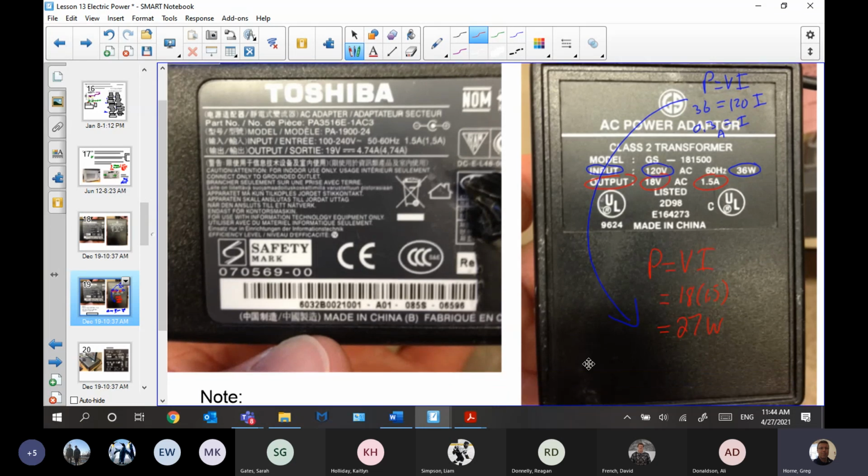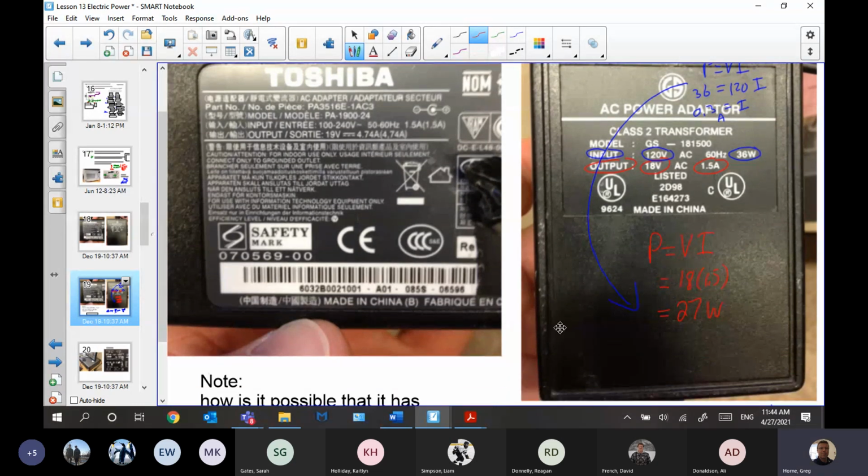Where did the rest go? It's using 36 joules per second, but only effectively providing 27 joules per second. Where did the missing 9 joules per second go? Any guesses? We're losing energy somewhere.